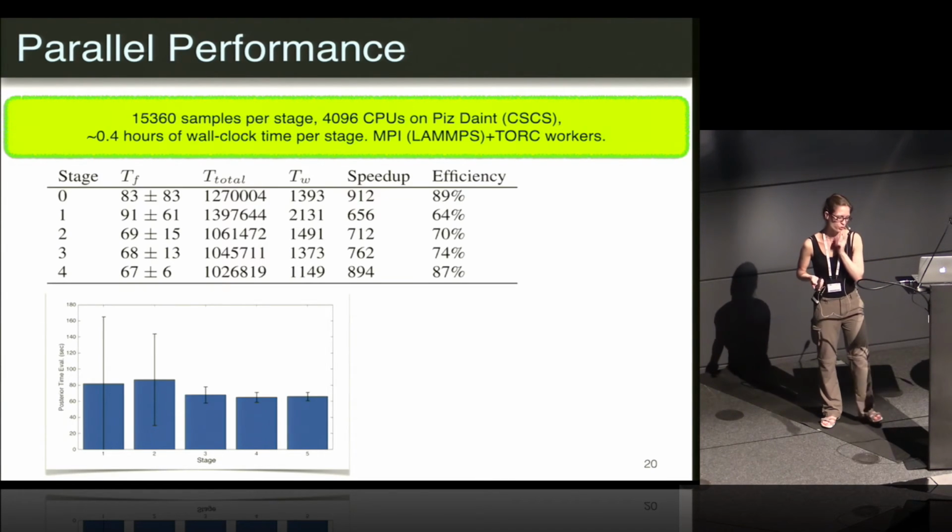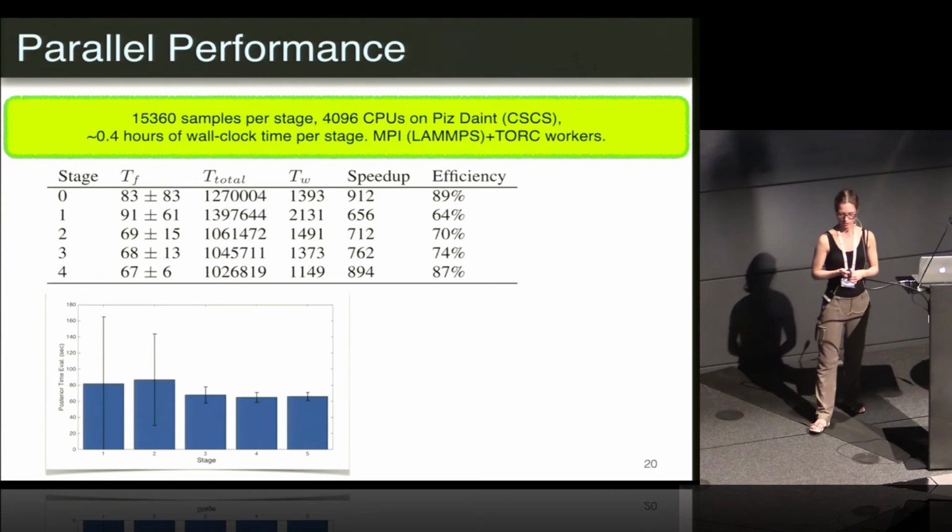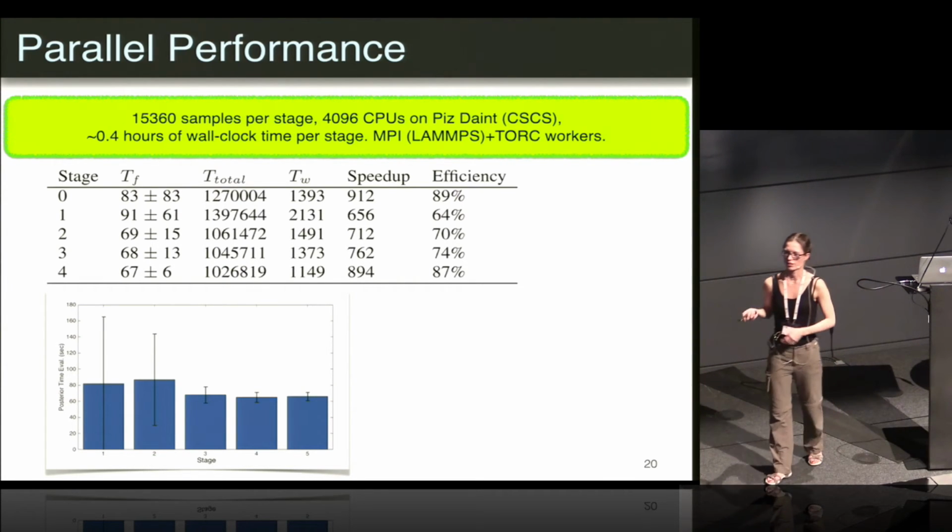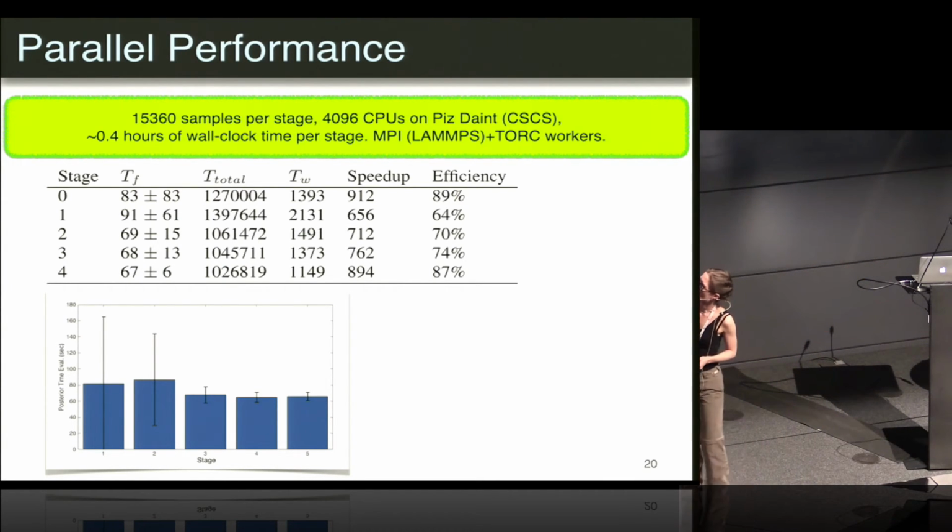So this is the distribution of the time and efficiency. This is for the Gaussian case, but for other cases, it's similar. So basically, this plot shows the same as the first row of the table. It shows how the evaluation times go with the stage. Initially, it has a pretty high variance on the first stage. You can see it also here.